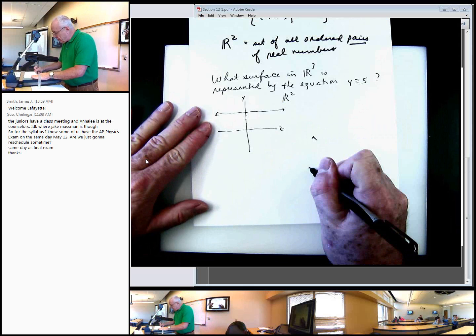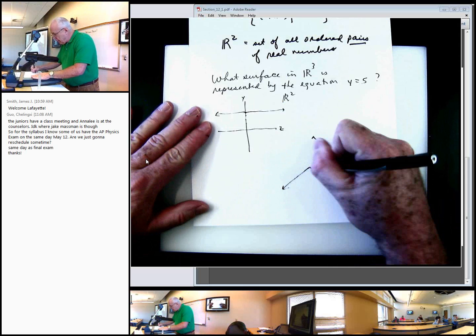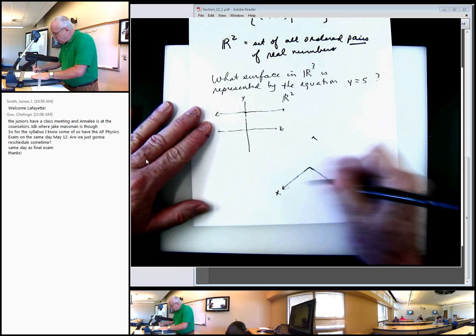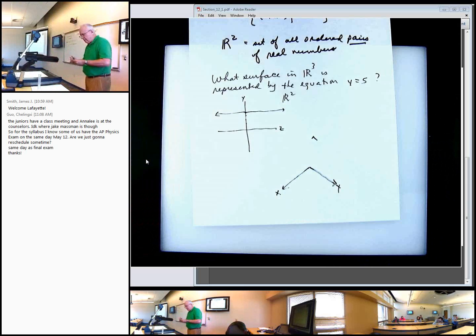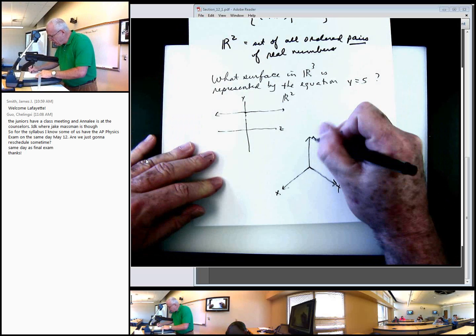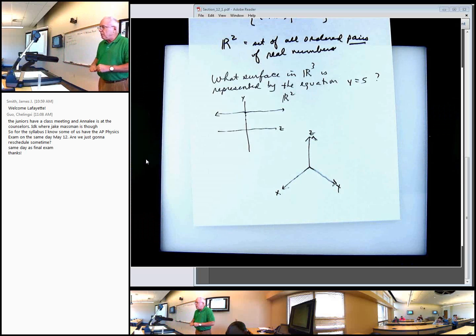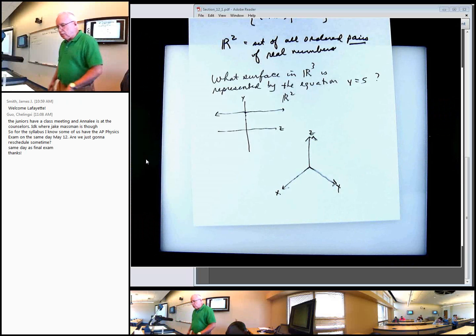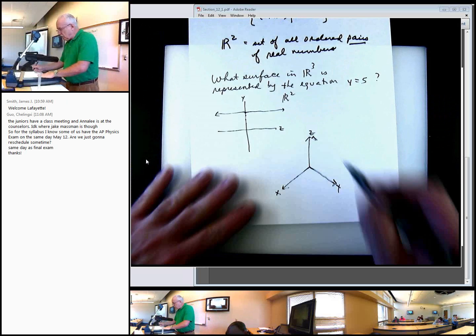So let's start with x, and y, and then z, and figure out what does the surface look like.